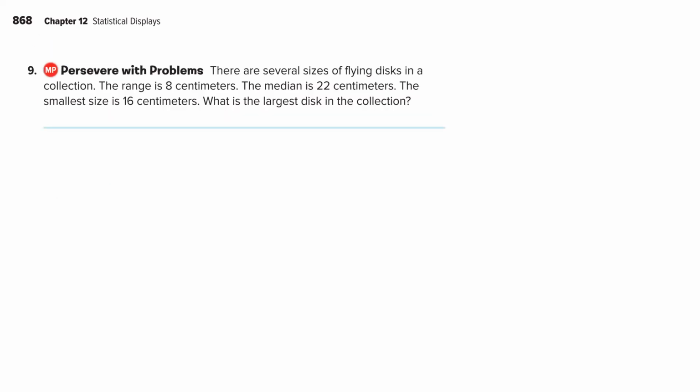Question number 9. Persevere with problems. There are several sizes of flying discs in a collection. The range is 8 centimeters. The median is 22 centimeters. The smallest size is 16 centimeters. What is the largest disc in the collection? All right, so we're going to set up a line plot here because we do have some information.